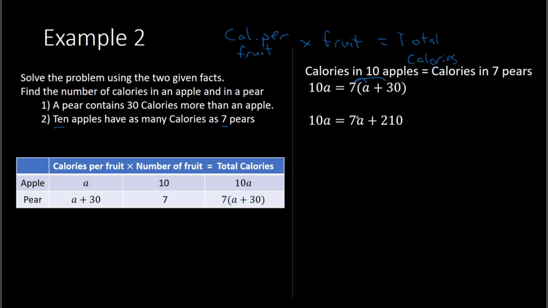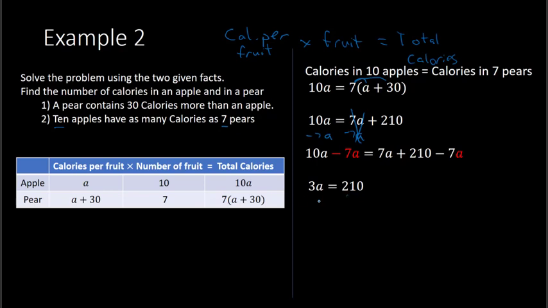So I can bring the 7A to the left by subtracting 7A. If I subtract 7A on both sides, on the right, the 7A's cancel. On the left, I have 10A minus 7A, which would be 3A. So we see that right here. 3A on the left, 210 on the right.